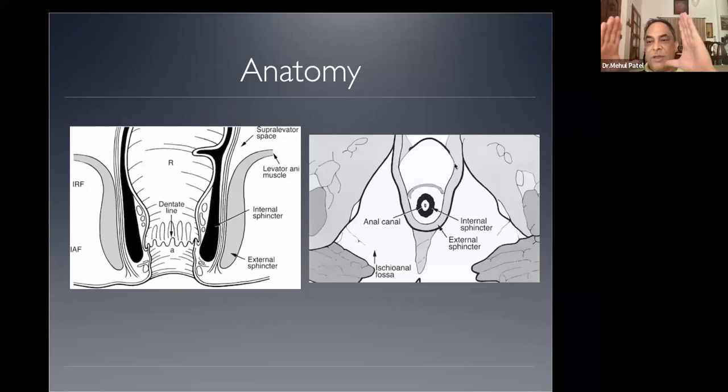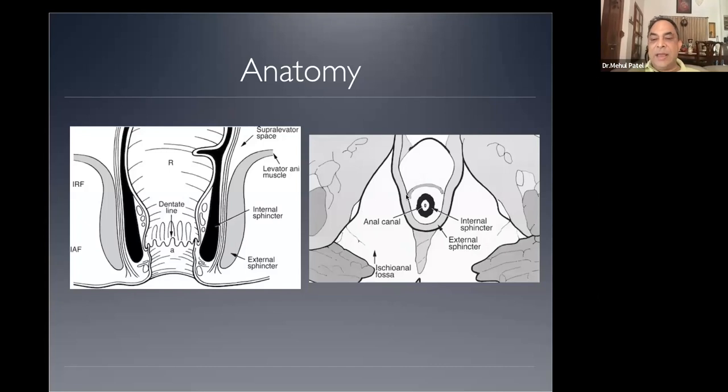So the external sphincter, like this, will carry on as a puboanal sling, and laterally will go up as the levator plate, right? And inside that is the circular muscle of the rectum that will come down and will thicken to form the internal sphincter. And in between the internal sphincter and the external sphincter, you will have the intersphincteric plane, right? That is the surgical anatomy.